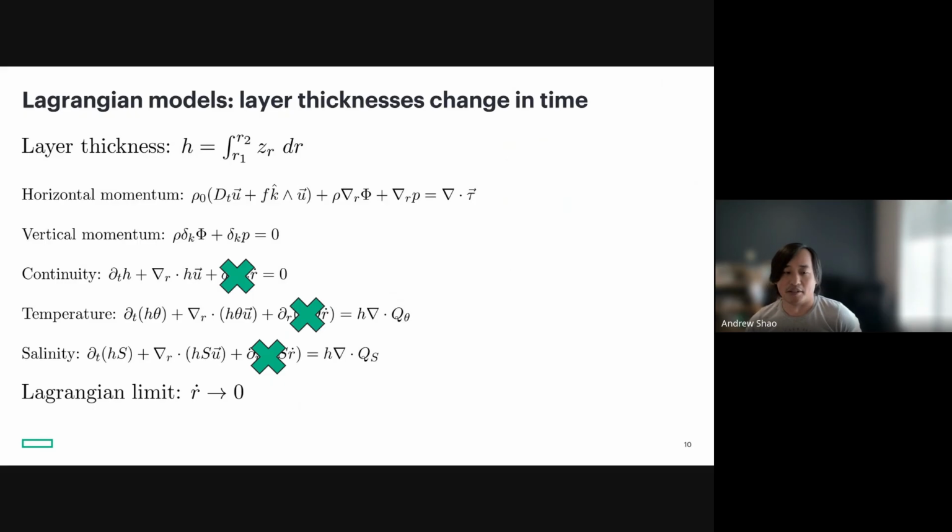And so you can see that you're conserving mass instead. Likewise, instead of conserving just temperature directly, really what you're doing is conserving the temperature times the thickness. And so there is this discrete heat content that we're explicitly trying to conserve here.